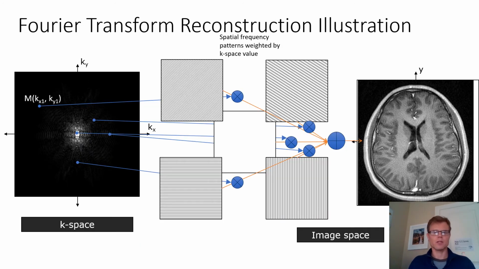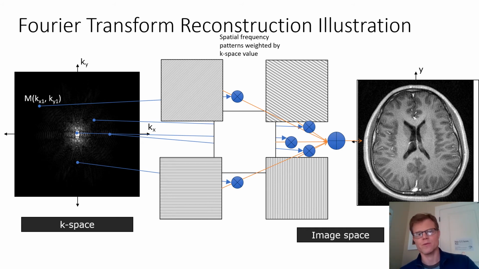So really the entire process of the MRI reconstruction can be illustrated in this way, whereby the data we're getting is data in K-space. We determine which data points we've collected by taking our gradients and deriving the K-space.